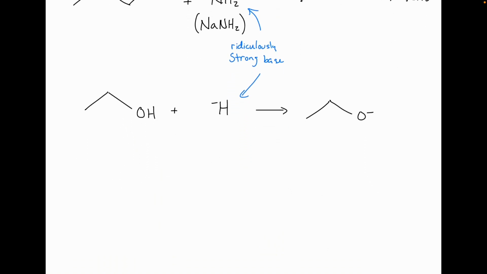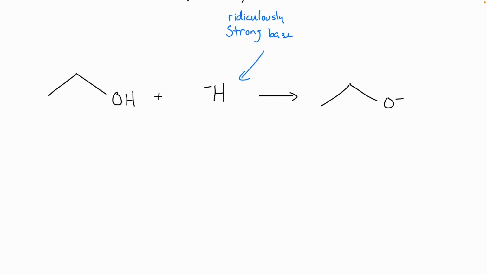All right, and then why in the world would I want to do that? Well, remember, we saw these playing a role of a reagent in our past chapter, right? In chapter 6, we would use these negatively charged oxygens to do either substitution or elimination reactions.